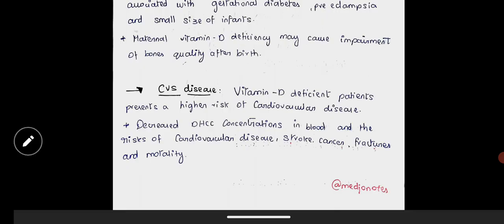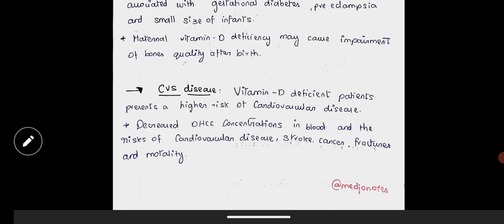For muscle contraction in the heart, in the myocardium, calcium plays a major role. Because of that only, a high risk of cardiovascular disease is observed. Calcium and potassium are all important for muscle contraction, mainly for the myocardium, which is heart muscle. If muscle contraction doesn't take place, how will the heart pump? So calcium is important for that also.